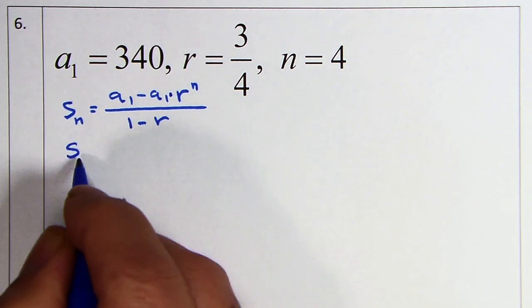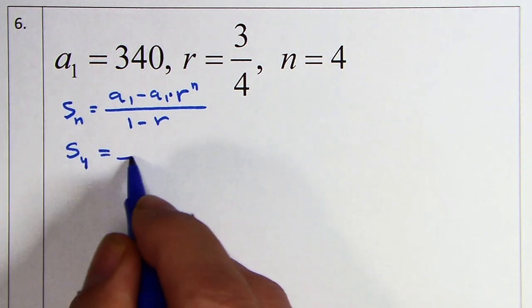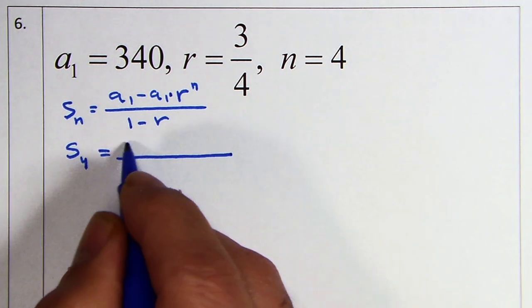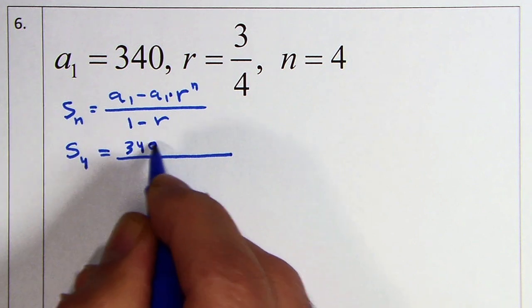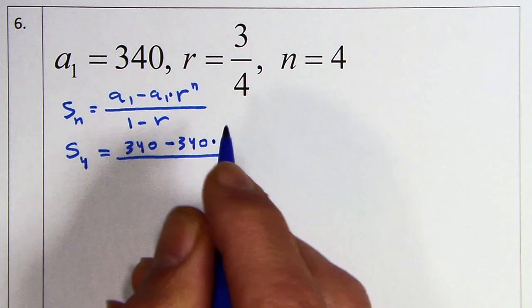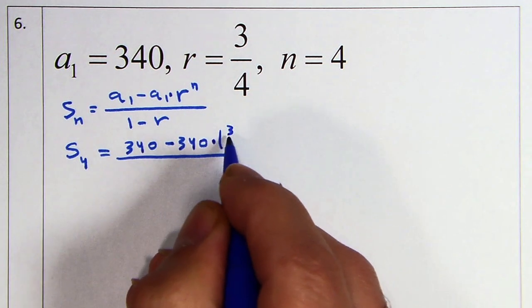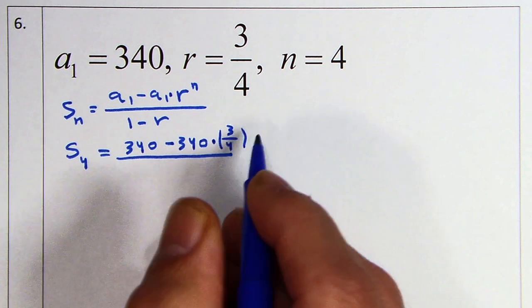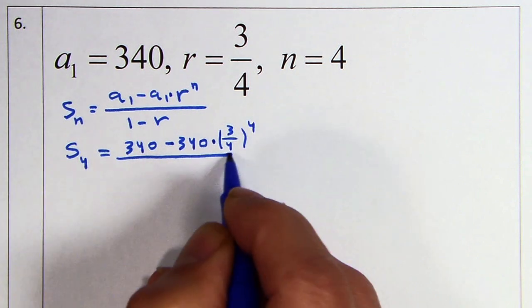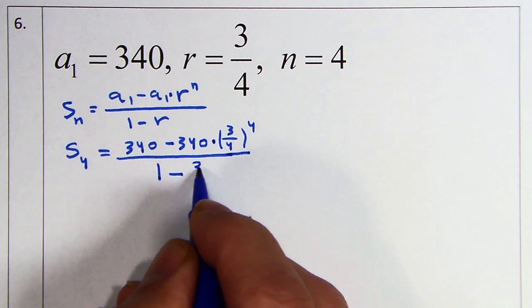The sum of 4 terms, n is 4, will be the first term 340 minus 340 multiplied by 3/4 to the power 4 all over 1 minus 3/4.